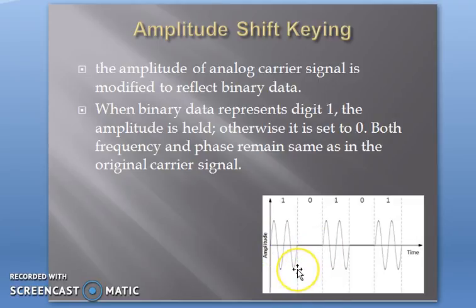The frequency and the phase of the signal remain the same as those of the original carrier signal. So the amplitude is changed to represent the data: a high amplitude represents 1, and a zero amplitude represents 0. So this is amplitude shift keying.